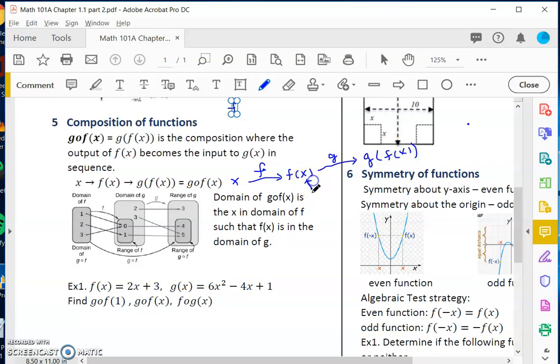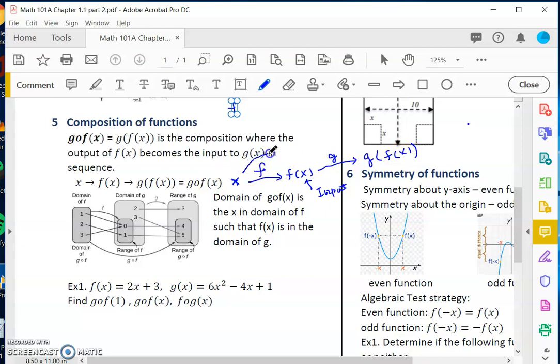So this is the input for g, but the output for f, right? So input into g, and then I have g of f of x. So it's kind of like a two-step process. You start off with x, and you end up having f of x in the middle, and then g of f of x at the end.